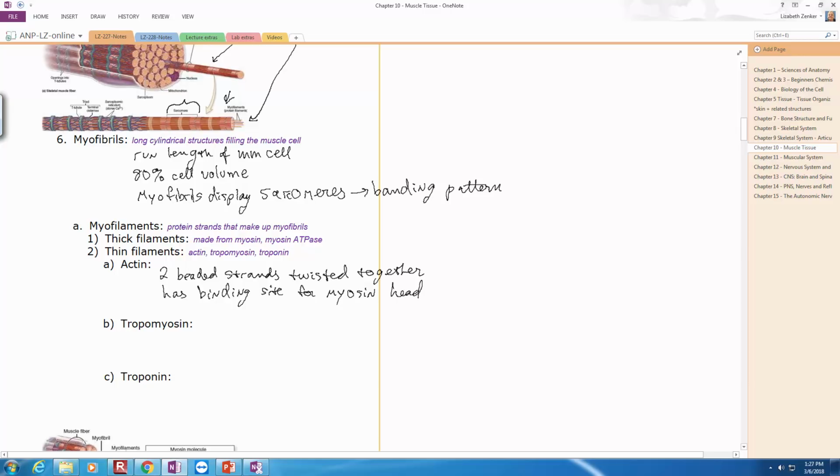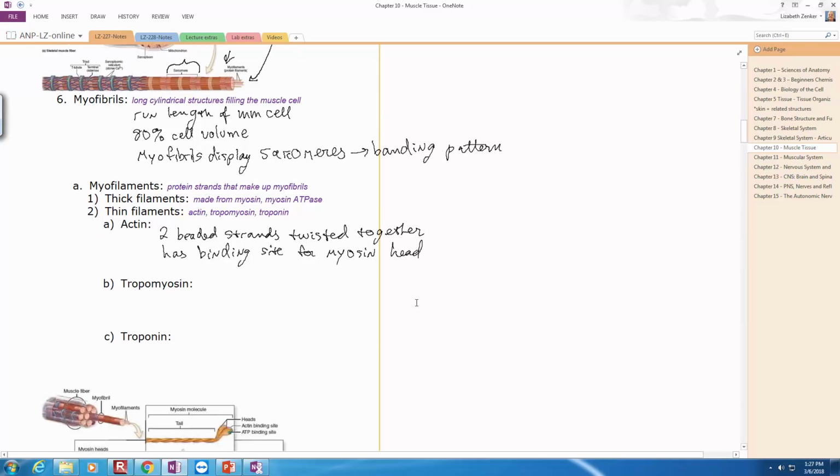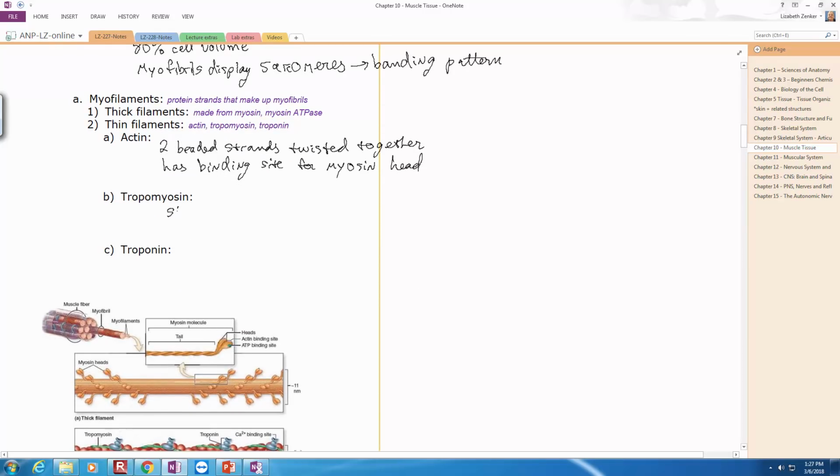Tropomyosin, which we said is part of our thin filament, is a string-like regulatory protein. So I told you it kind of looks like a string. String-like regulatory protein that covers the binding site when the muscle cell is relaxed.